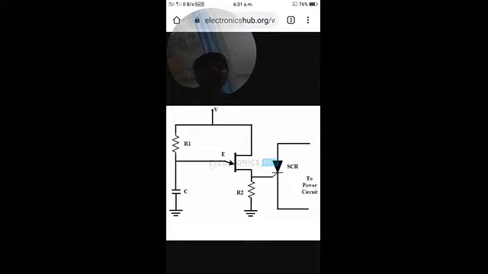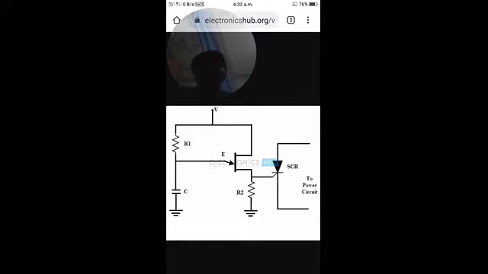So initially the emitter input terminal of the UJT is at 0 potential, and on the output side, when the supply is switched on, half of the supply voltage is existing. This will keep the UJT in the off position.